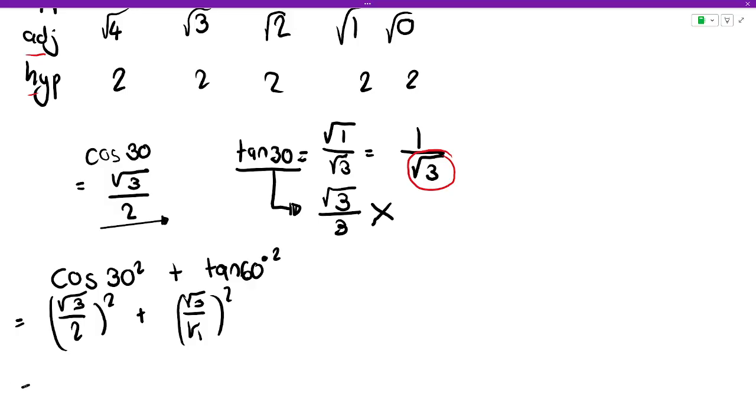Good. Then that's 3 over 4 plus 3 over 1. From this step here, you use a calculator. If you put this in, then you get 15 over 4. And if it asks to leave it in two decimal places, then it's 3.75.